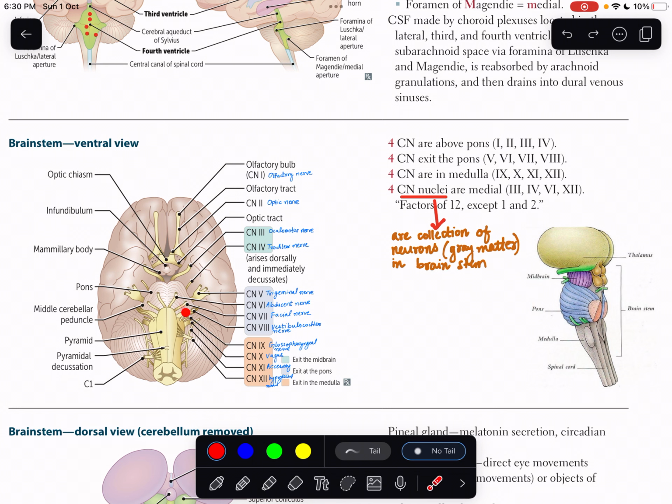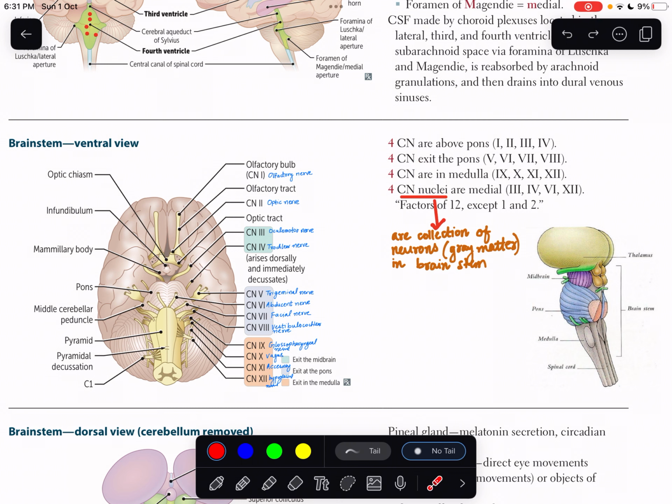So we have 4 cranial nerves over here. Then we have the last 4 ones, 9, 10, 11, and 12. This one is the 11th cranial nerve, the accessory cranial nerve. So 4 cranial nerves are going to exit the pons from 5 till 8.